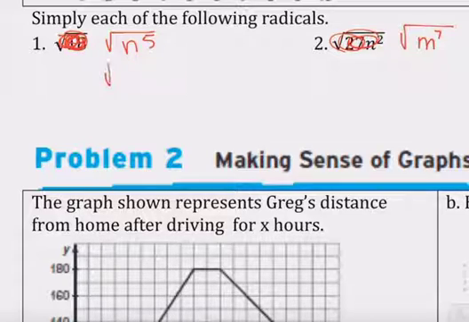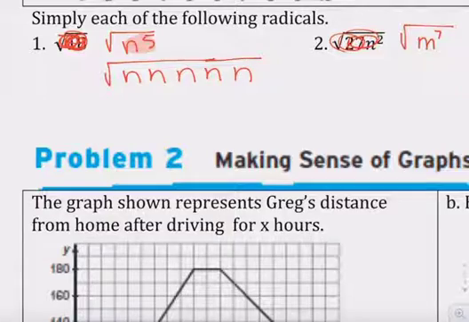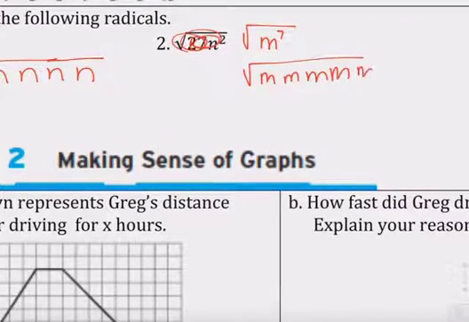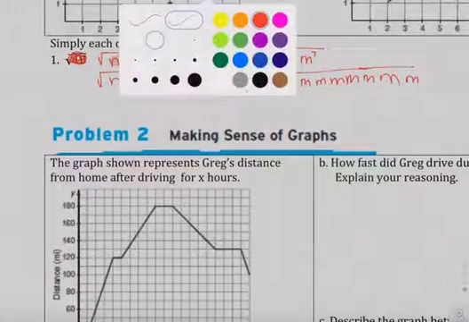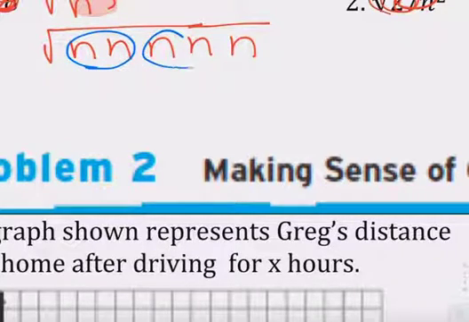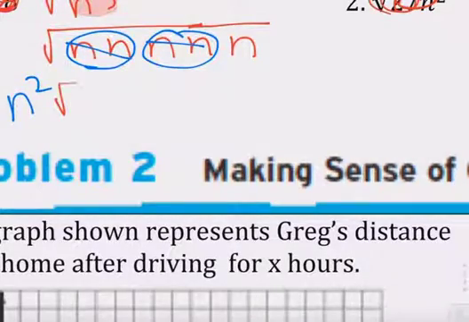Basically here you have 5 n's: 1, 2, 3, 4, 5. Here you have 7 m's: 1, 2, 3, 4, 5, 6, 7. Each pair up. That gives n squared, and the square root of n is left inside.